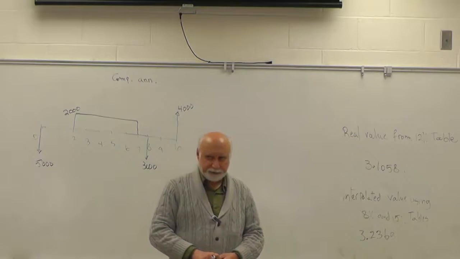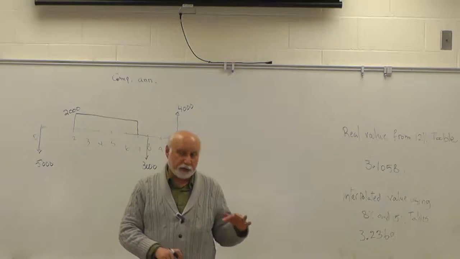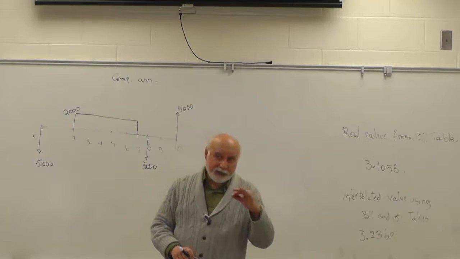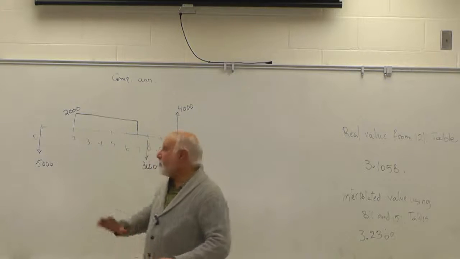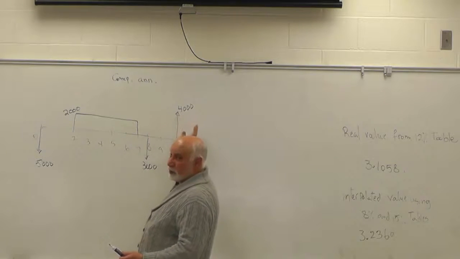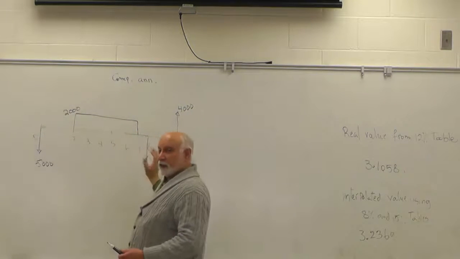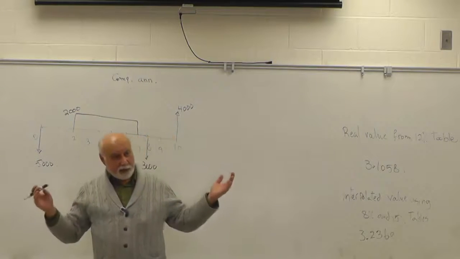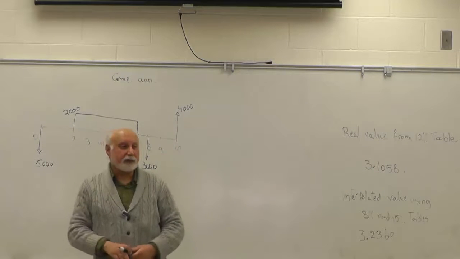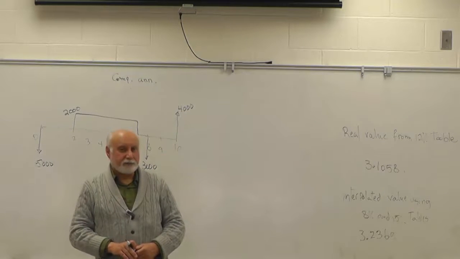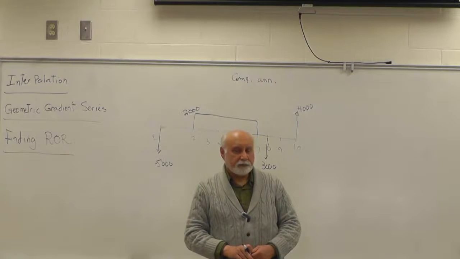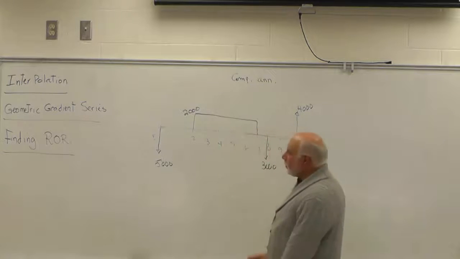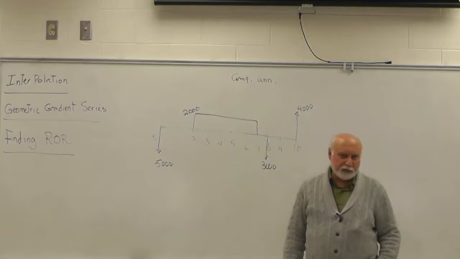How are you going to calculate that rate that makes the present worth of all positive and all negative equal, such that when you add them up, the result is going to be 0? So this is what we are going to be doing.